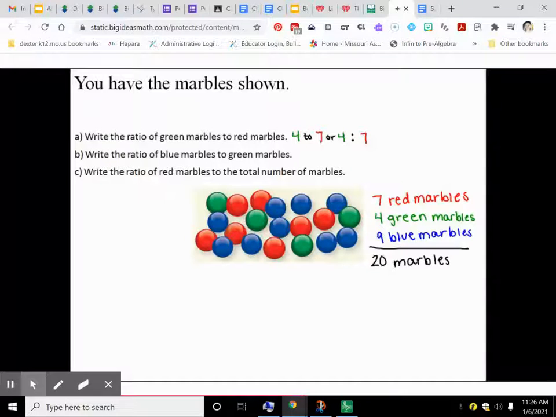Part B. Write the ratio of blue marbles to green marbles. There are 9 blue marbles and 4 green marbles, so the ratio is 9 to 4. Part C. Write the ratio of red marbles to the total number of marbles. There are 7 red marbles and 20 total marbles, so the ratio would be 7 to 20.